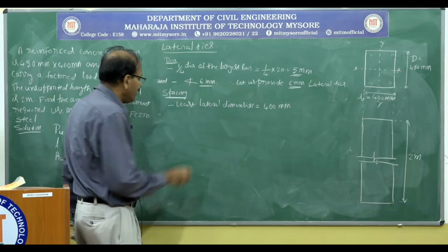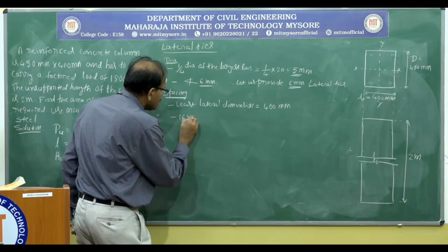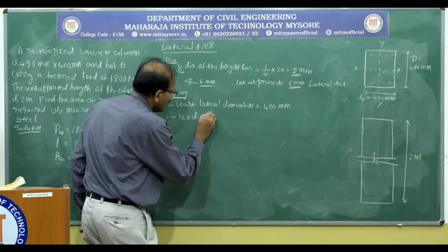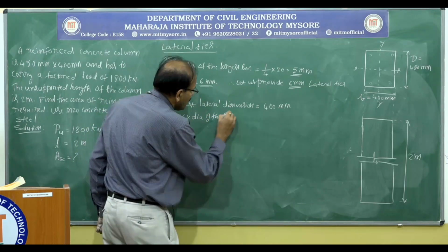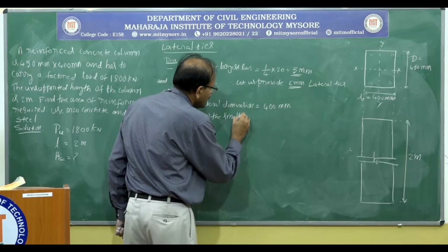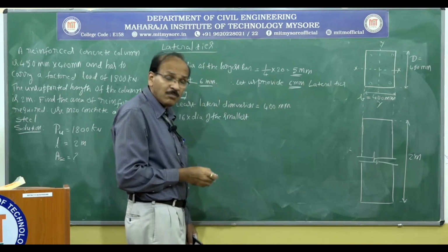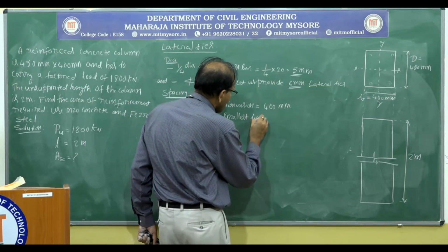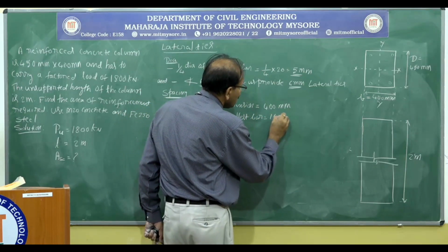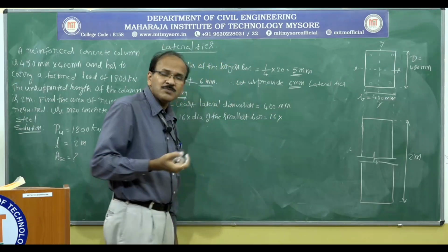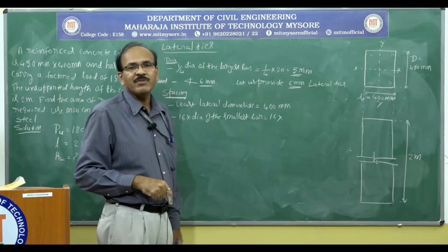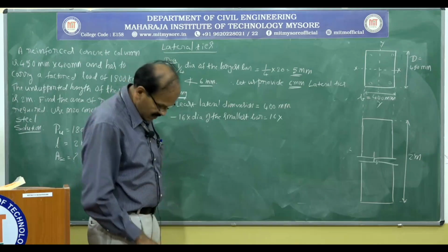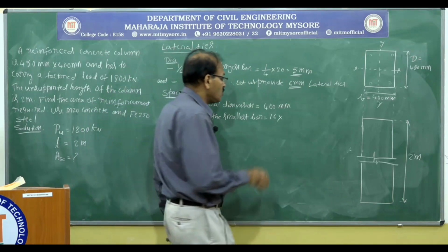Okay. Then 16 times the dia of the smallest bar, smallest longitudinal bar. What is the smallest bar we have? Again it is 20 because we are using this same diameter bars throughout.